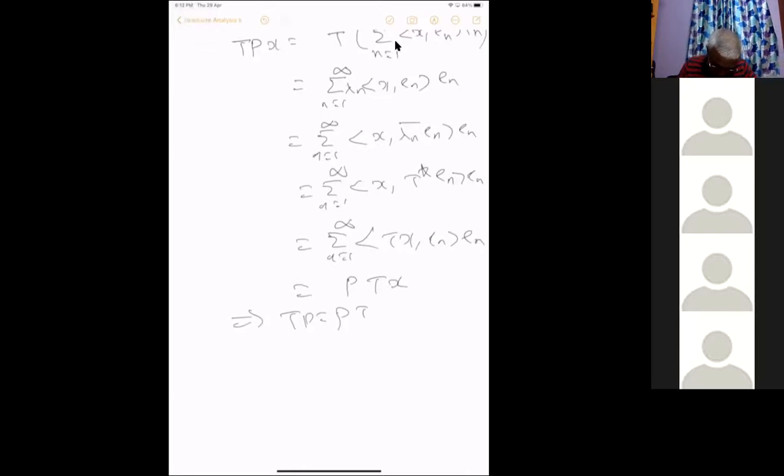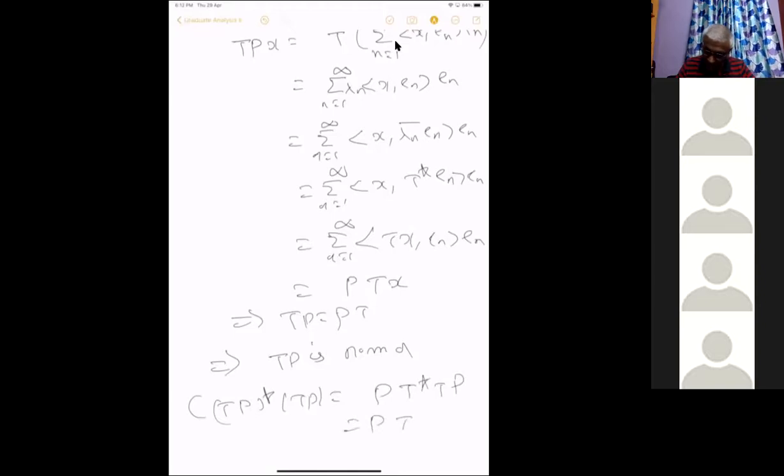So this implies PT is normal. That is just clear. PT star PT equal to P T star P T, and you can write it whichever way you want.